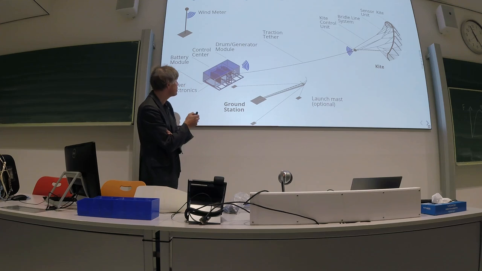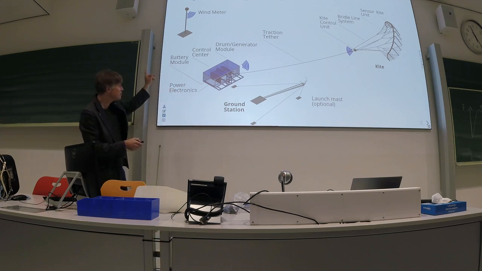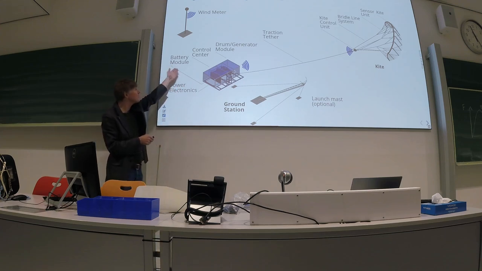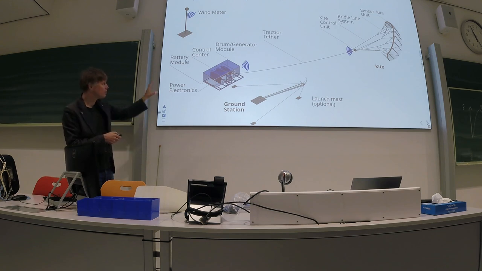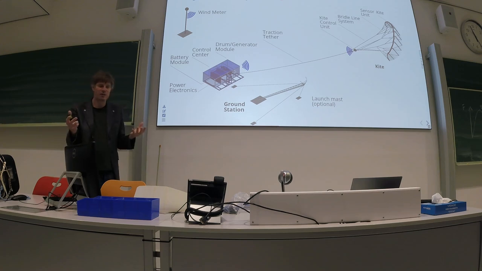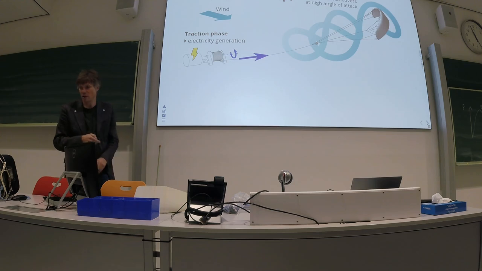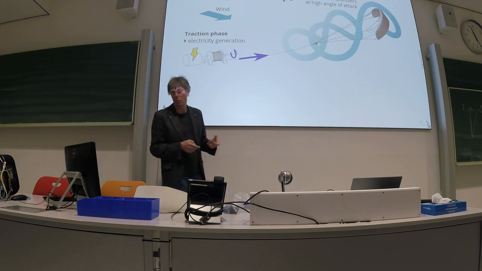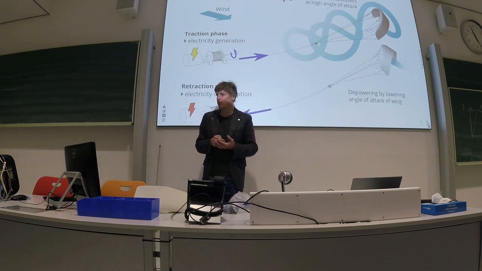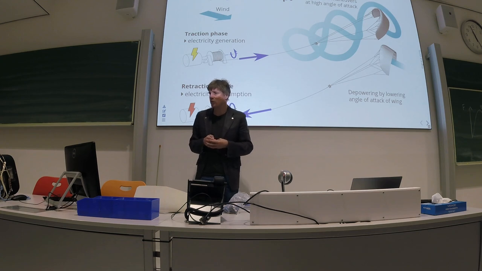The tether itself, what is notable, what I forgot to say, the battery module was really integrated here with the ground station, so it could be a self-sufficient off-grid operating kite system. I already explained the working principles, so we don't need to go into this again.